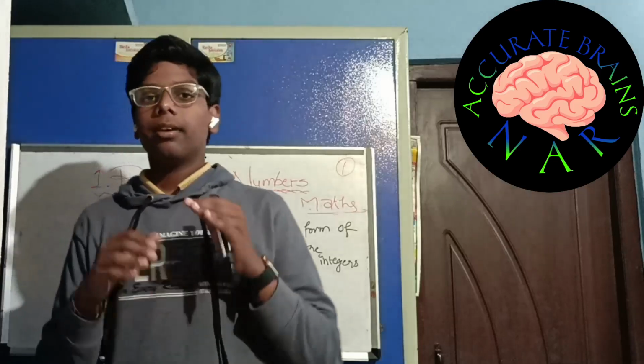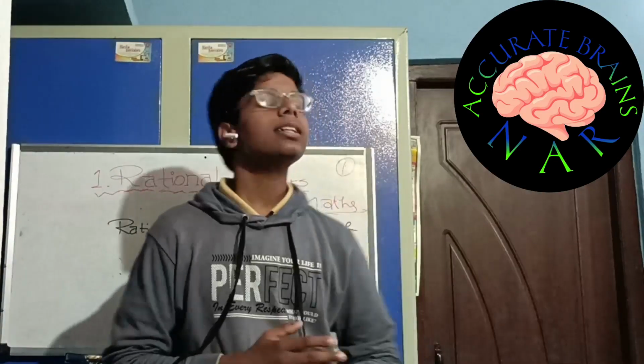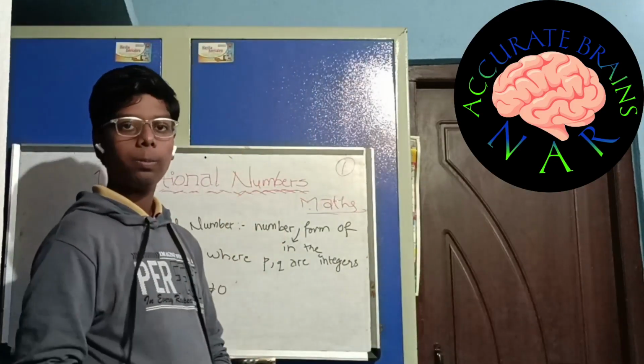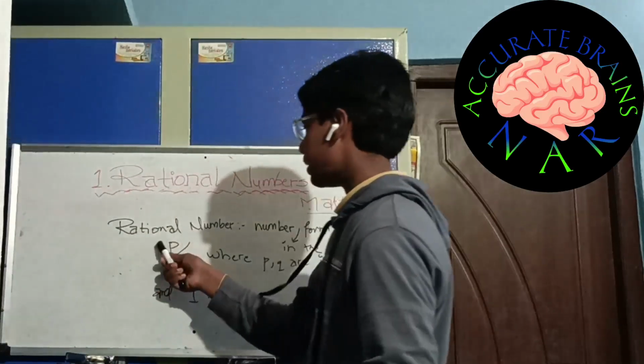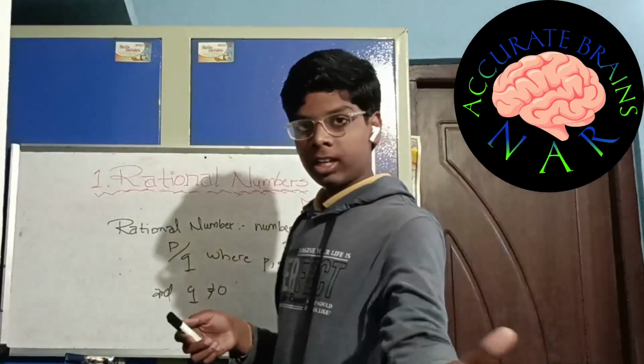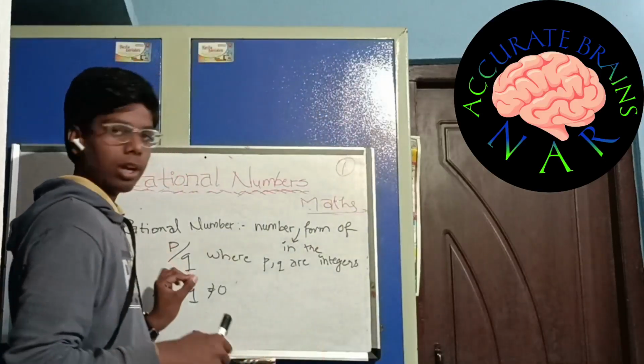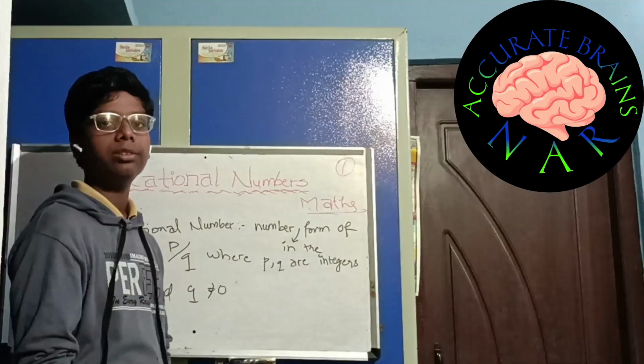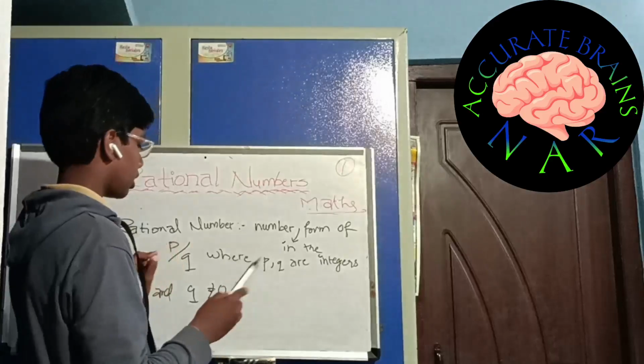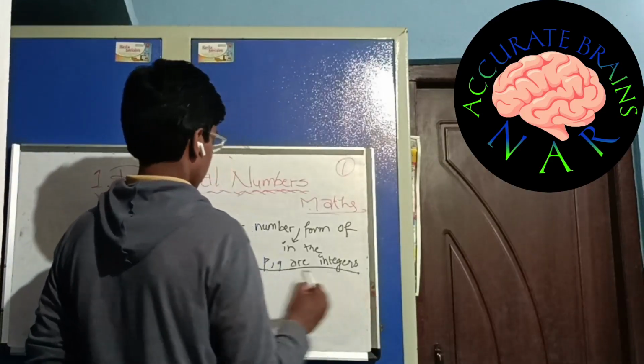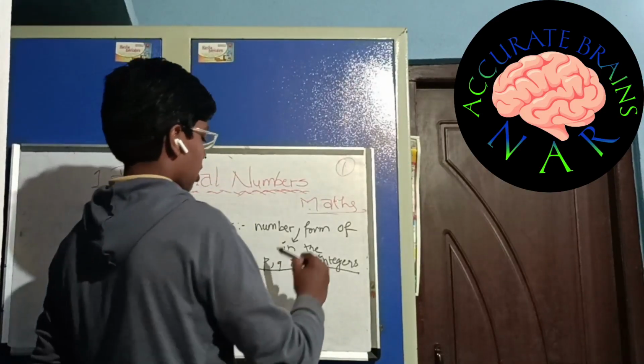As we discussed in the maths basics class, in P by Q, P and Q are variables. They can be any of the values of the integers. Here we have already written that P and Q are integers.